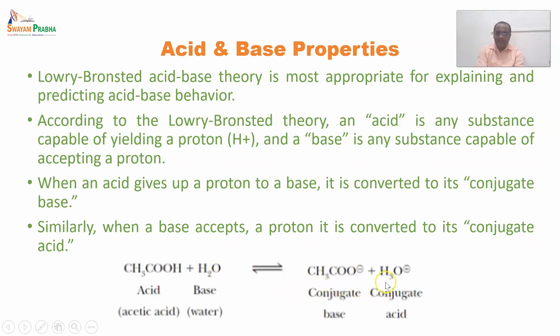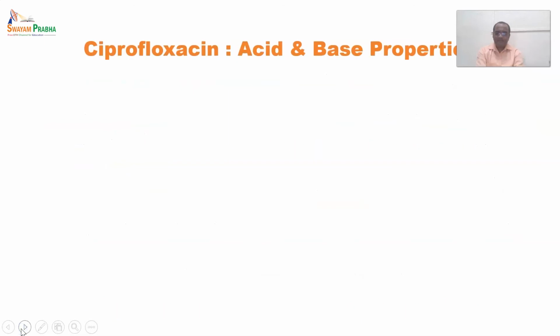Reversibly, if the reaction takes place, it acts as an acid because it has an available proton to donate, and the other is proton deficient, able to accept a proton from this acid. So it is called the conjugate base as well as the conjugate acid. This is the only acceptable theory for the physicochemical properties of a drug. Now we'll see the properties of ciprofloxacin.